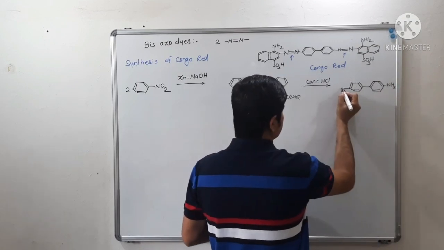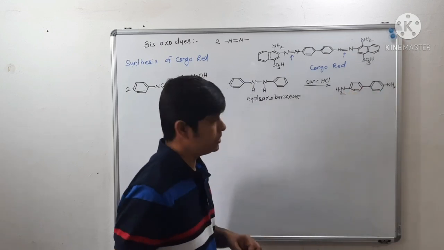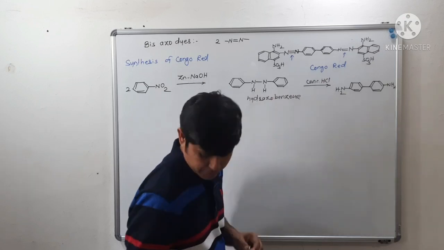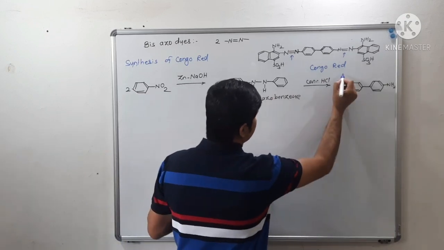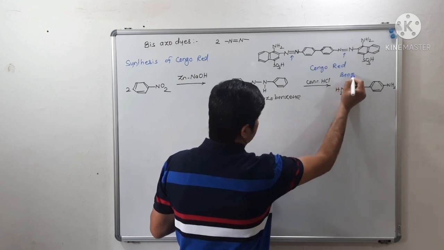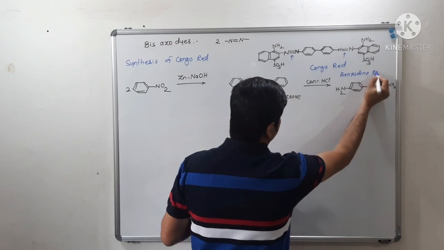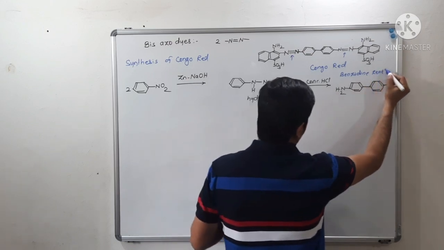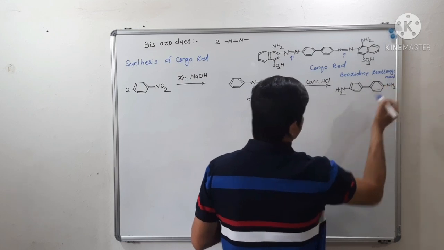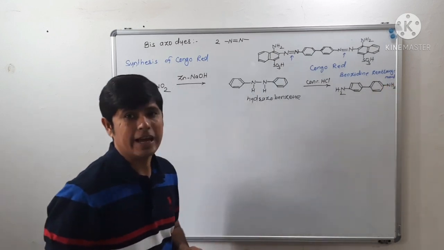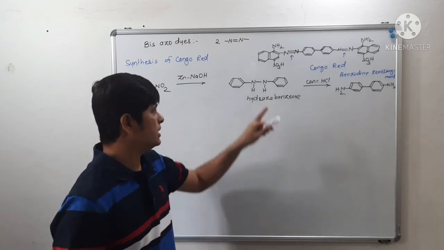Benzidine is nothing but this compound, and the reaction involved here is called benzidine rearrangement. A rearrangement is one of the classes of organic reactions where the skeleton of the molecule undergoes changes.